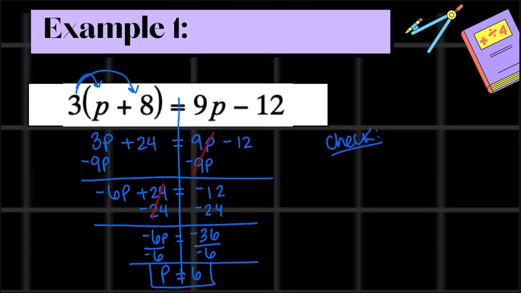Now I can check my work by plugging in 6 for p. If both sides of the equation equal each other, then I know that my answer is correct. So I'm going to plug in 6 everywhere I see p.